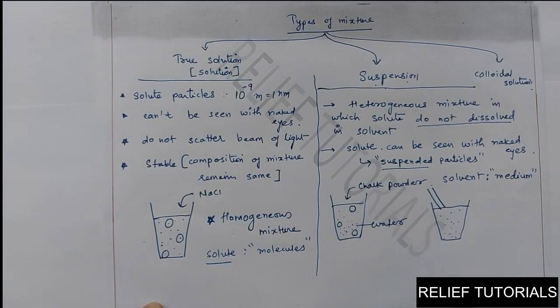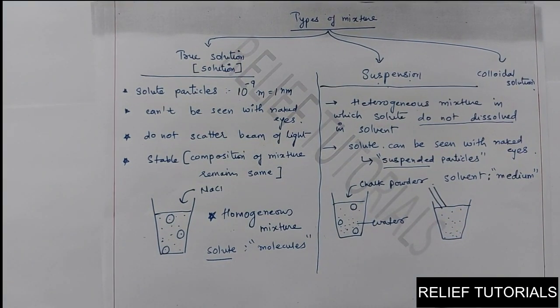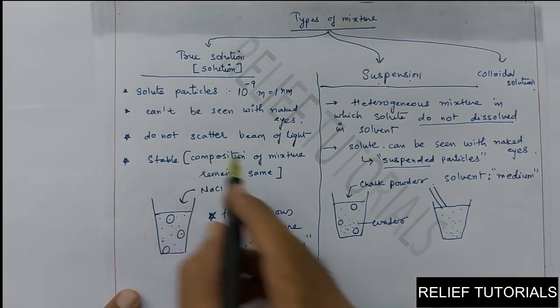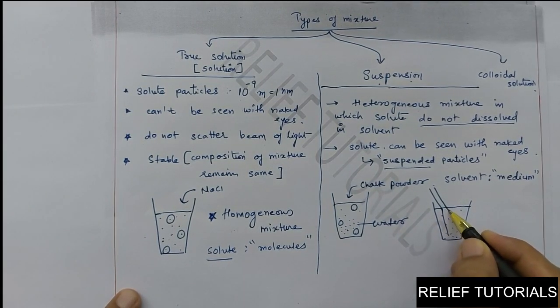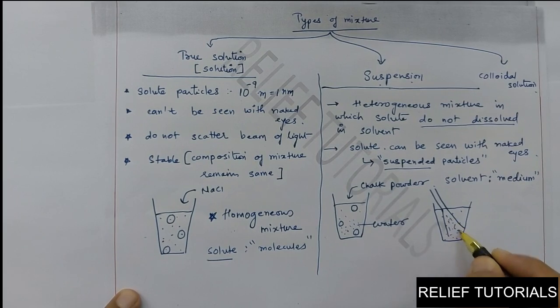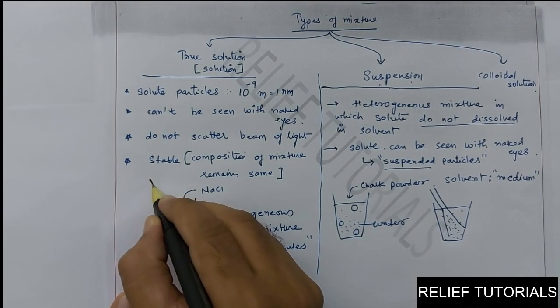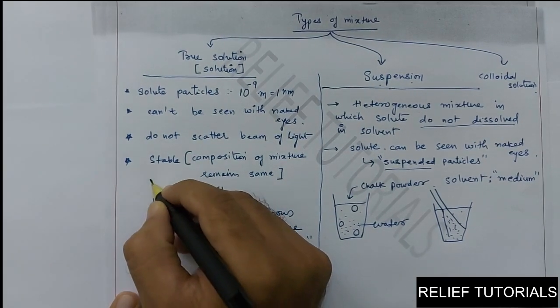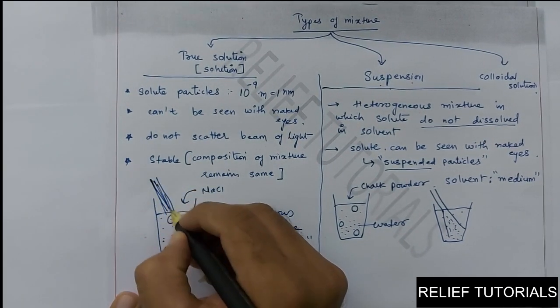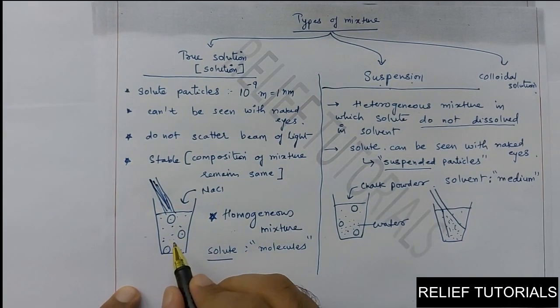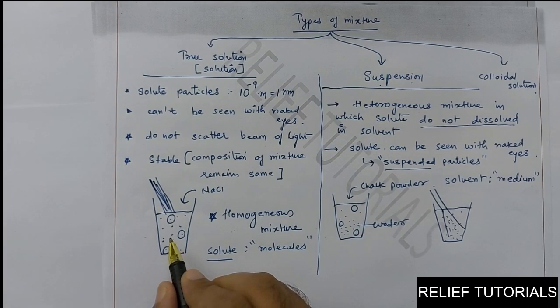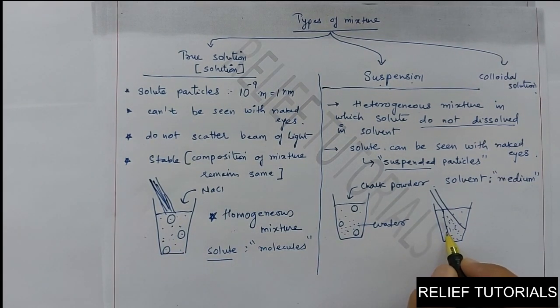Because the size of particles is quite big, it can disturb the path of light, means it can scatter the beam of light, means the beam of light will be scattered and the path of light is visible. Here we have understood that if you pass the beam of light, what would happen? The light cannot be disturbed because the size of these solute particles are quite small that they are not able to disturb the path of light. But here the path of light can be disturbed.